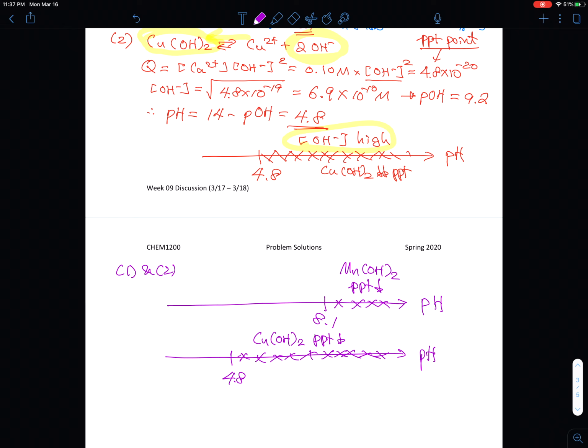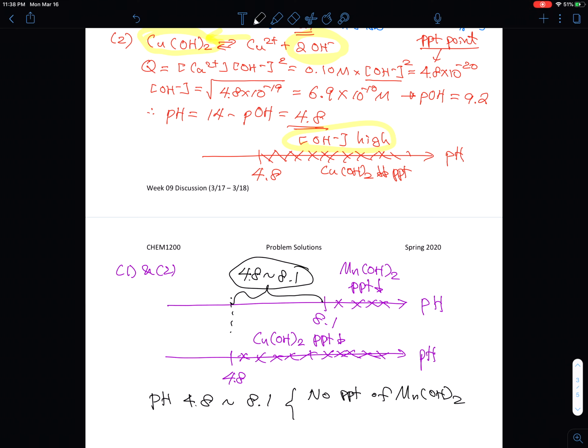So now we find the region of interest, which is the pH range between 4.8 and 8.1. In this range there is no precipitate of Mn(OH)2, but there is precipitation of copper hydroxide.